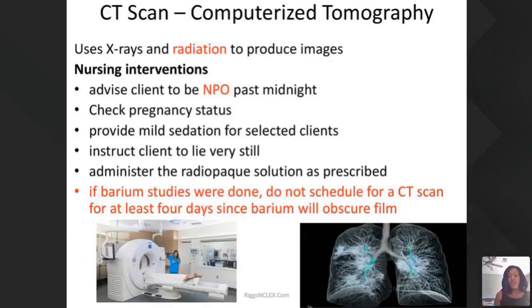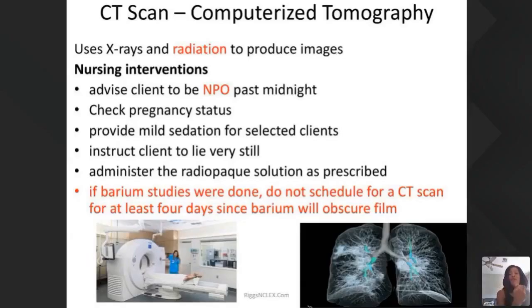If barium is used, same thing like I said before, if the physician is going to use a barium, depending on the body part we want to assess, all of that I just said before applies again. In addition to that, if they used a barium for a previous study, you don't want to do a computerized tomography, a CT scan, right after the use of a barium.